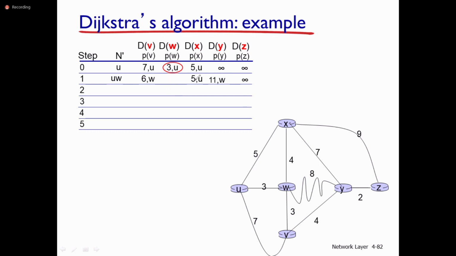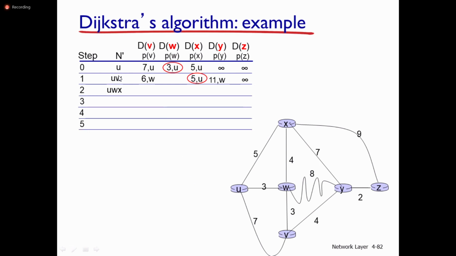Based on the cost only, right? Initially 3 comma U, that's why you chose U to W. Now the least one is 5, right?